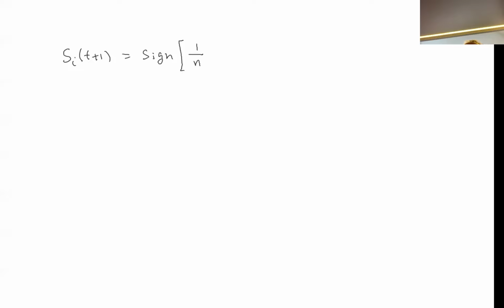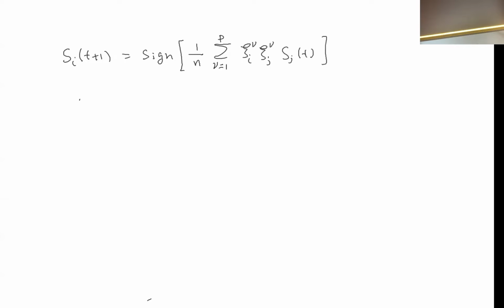Now we're going to replace our Jij by the sum on nu of squiggle I nu squiggle J nu Sj(t).